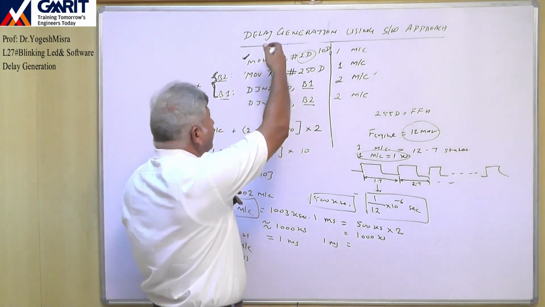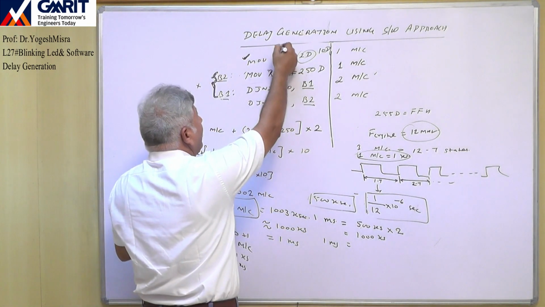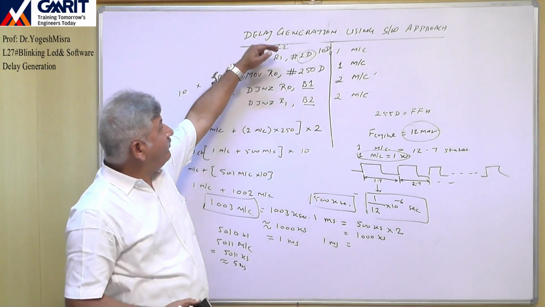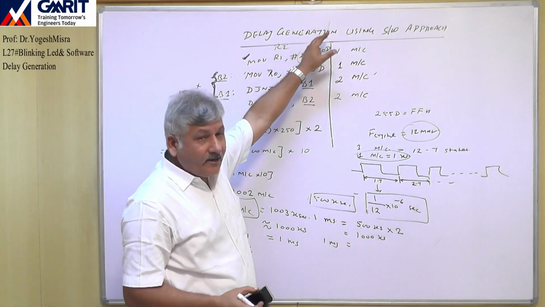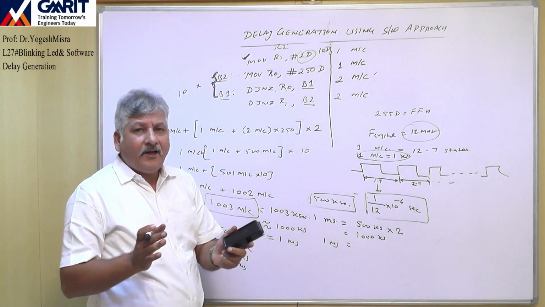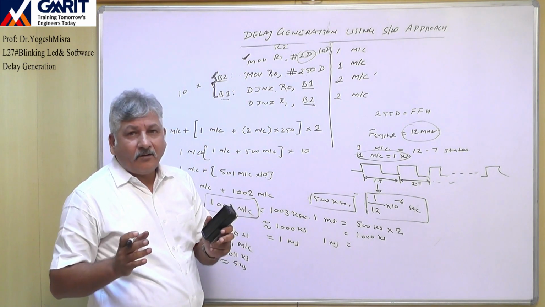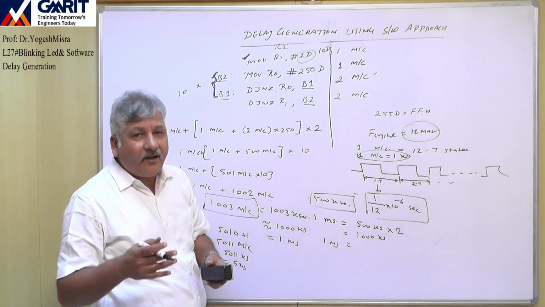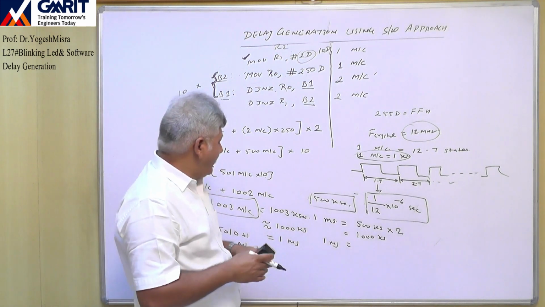And we can use other registers also, suppose here we can use R2, R3, any registers we can use. So by increasing the number of registers, by increasing the values in these registers, we can generate delays of longer duration: 10 seconds, 1 second, 5 seconds, 1 minute, 2 minutes, 10 minutes, even hours also, that we can generate.